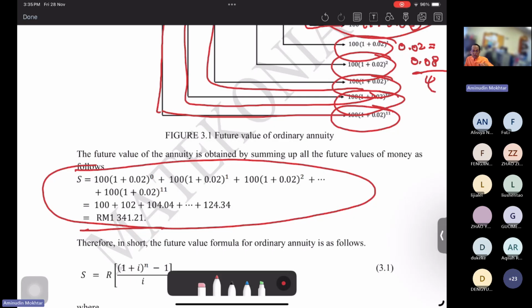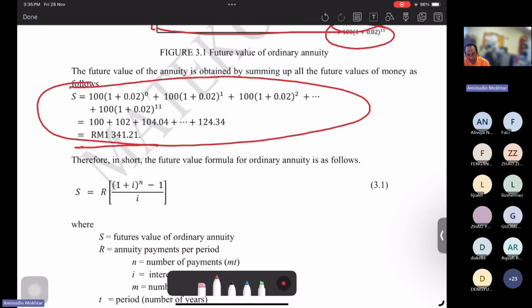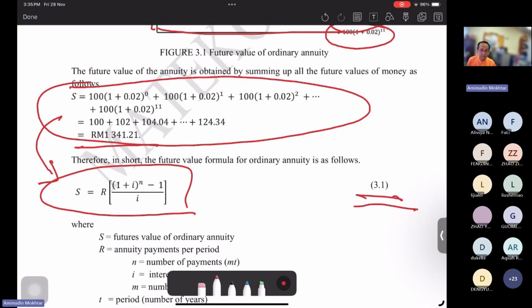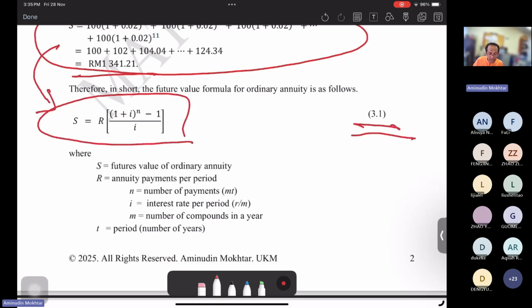But in general, we can conclude that this calculation can be simplified by using this formula 3.1. That is the formula for ordinary annuity, where S is the future value of ordinary annuity, R is the annuity payment per period, n is the number of payments, I is the interest rate per period, R over M. M equals the number of compounds in a year. T is the number of years.